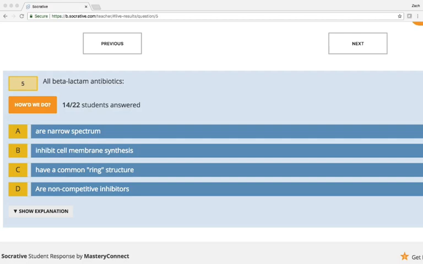So I'm not all that concerned with the specific examples. I'd like you to know not necessarily whether they're broad or narrow, but rather what does that mean? So if, for example, we say that ethambutol and isoniazid is narrow spectrum, why might that be? Well, we talk about its role in inhibiting mycolic acid synthesis.